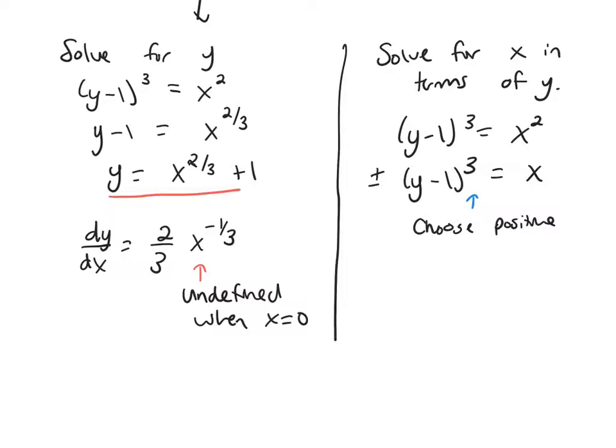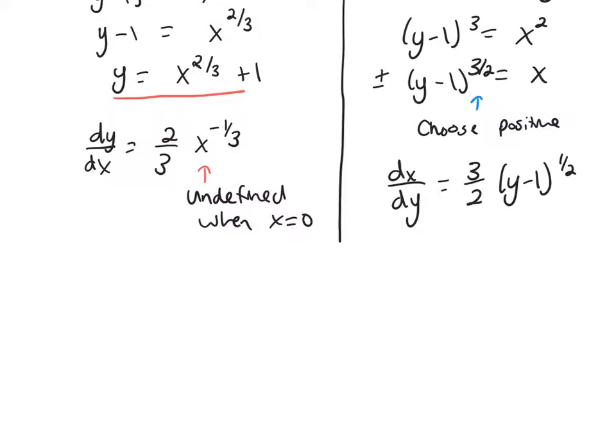And we're going to compute this derivative, dx dy. Oh, sorry, we took the square root, so this should be the 3/2 power. dx dy will be 3/2 y minus 1 to the 1/2.